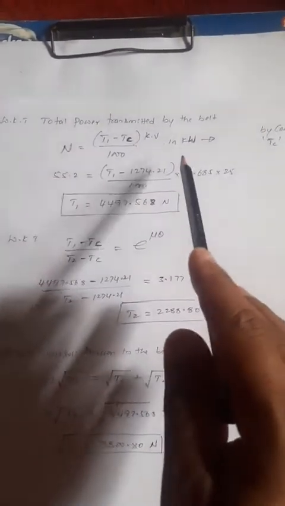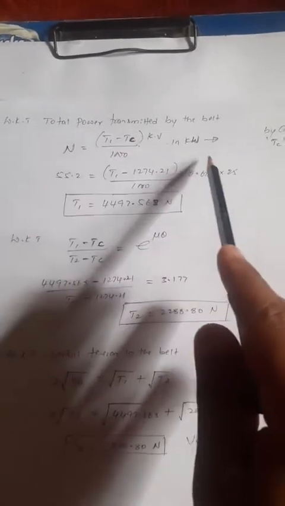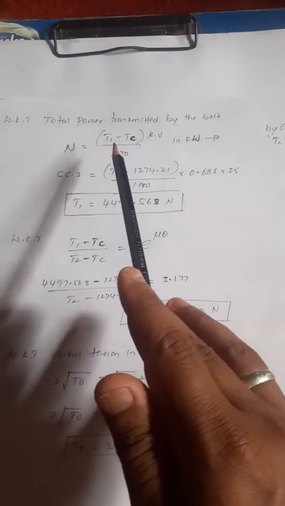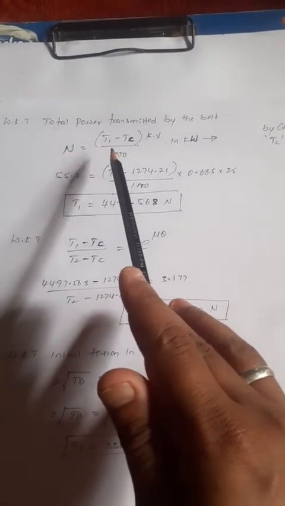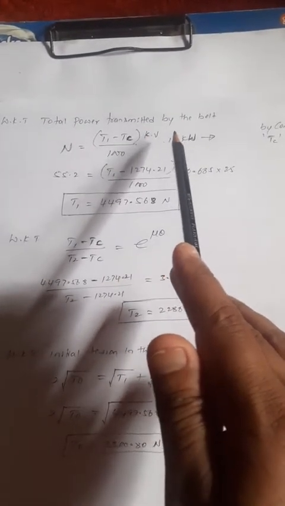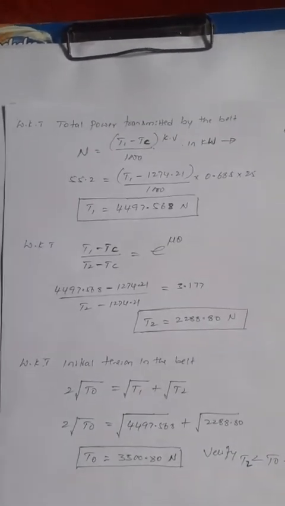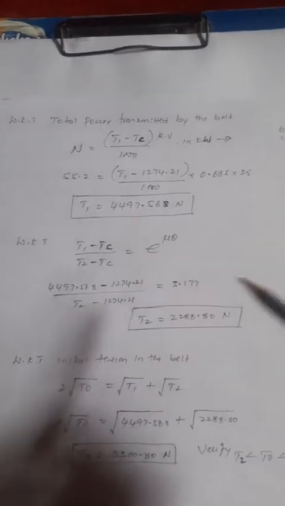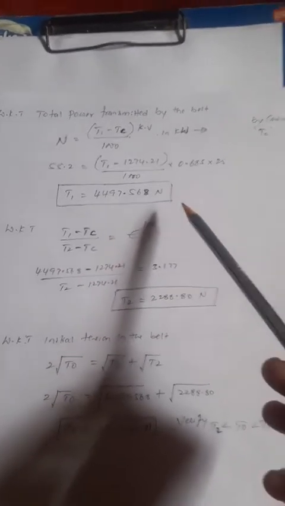When you convert the stress into tension by multiplying with area, that gives the total power. The area gets cancelled here. That gives the total power transmitted, N is equal to (T1 minus Tc) into V divided by 1000 kilowatt. Now from this you will get T1 as this value.